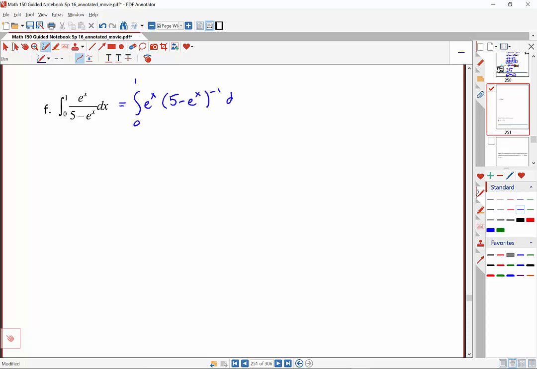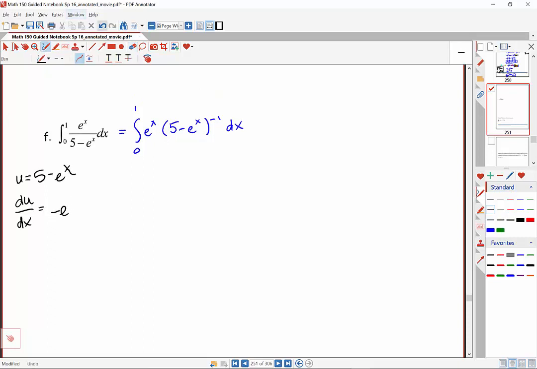So I'm thinking our u sub should be 5 minus e to the x. du dx is negative e to the x, and then isolating dx we'll have du over negative e to the x.